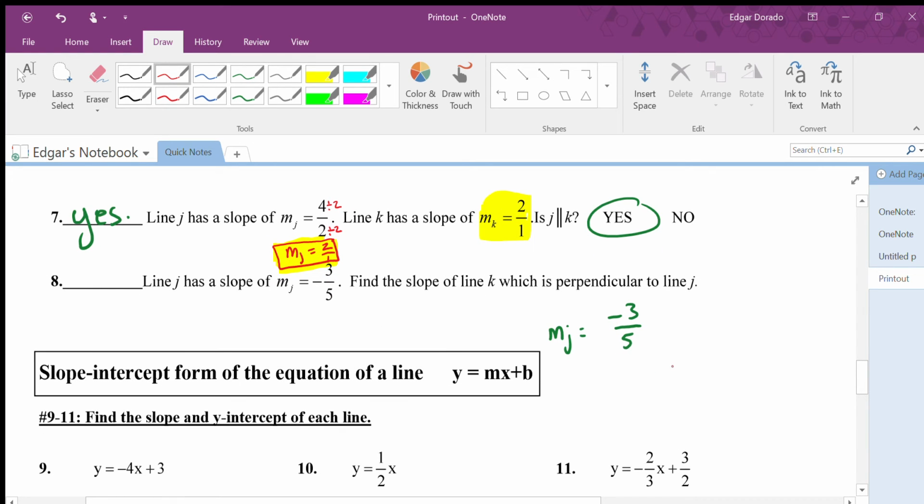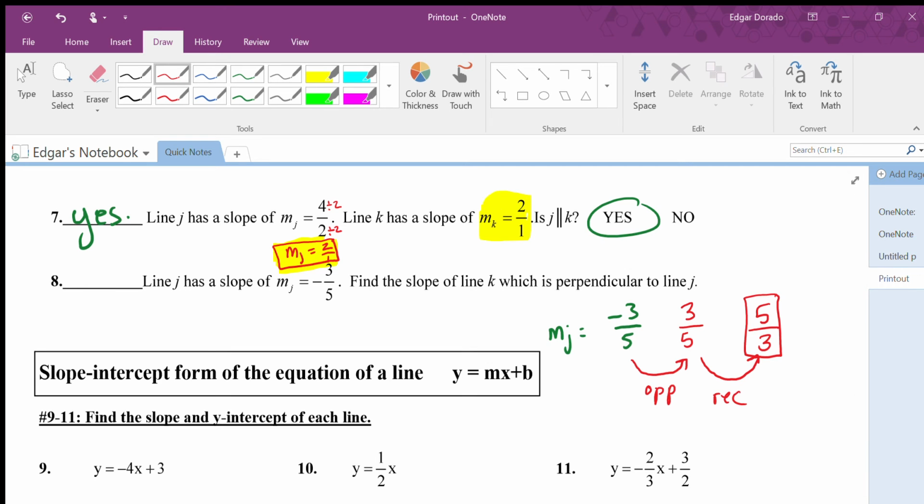Okay. First I go opposite. So what is the opposite of negative 3/5? A positive 3/5. And then from here I go reciprocal. And what's the reciprocal of 3/5? 5/3. So the perpendicular slope to negative 3/5 is 5/3.